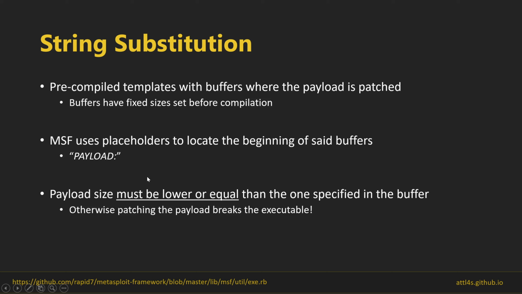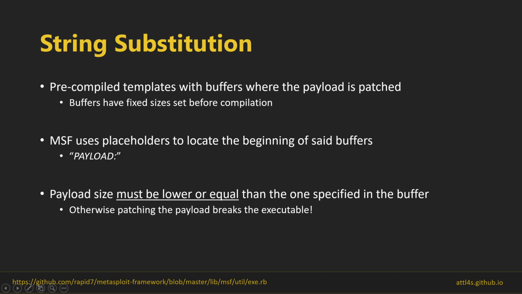Of course, since we are using static, hard-coded, or fixed sizes, if you choose a payload which is bigger than your buffer, the resulting file is going to be broken. So the caveat with this approach is that we need to use fixed sizes and payloads whose size is lower than or equal to the size of the buffer.